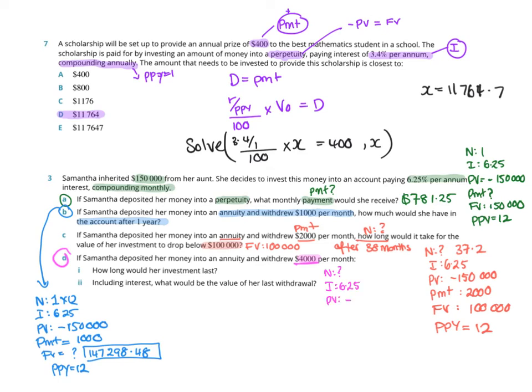PV still negative 150,000. Payment now is a positive 4,000 a month. FV will be, now it's saying how long will the investment last. So if you're going to exhaust the investment, what will FV be? 0, good. And PPY equals 12. So you zip that one in.